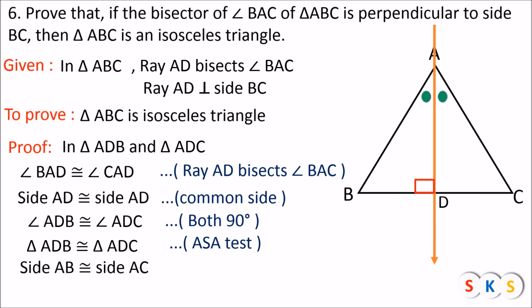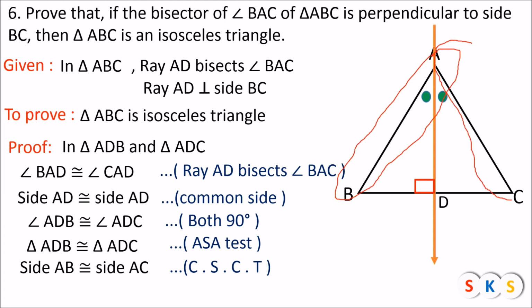So you can see that I have proved it here: side AB and side AC of triangle ABC are congruent. And we know that if two sides of any triangle are equal, then the triangle is an isosceles triangle. Therefore, triangle ABC is an isosceles triangle.